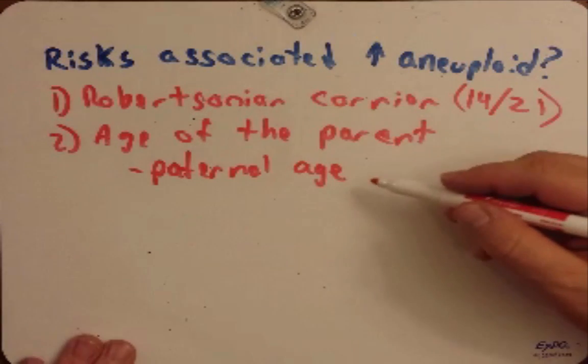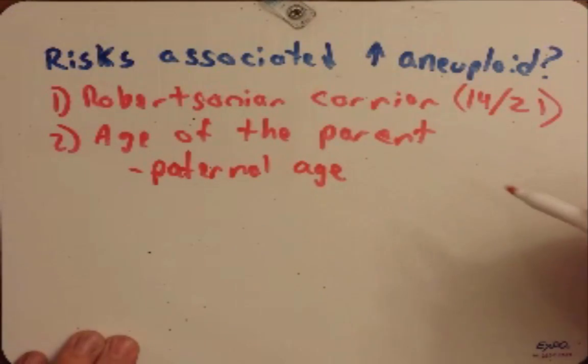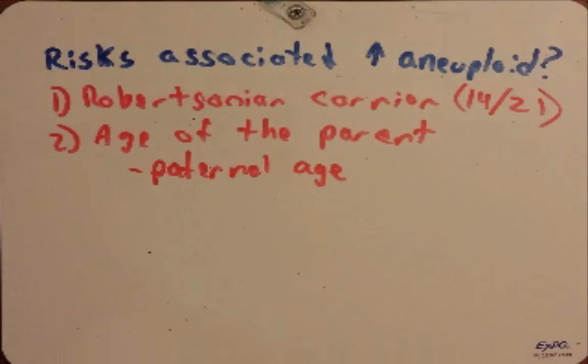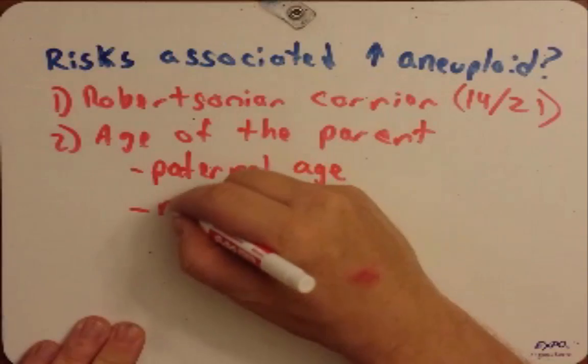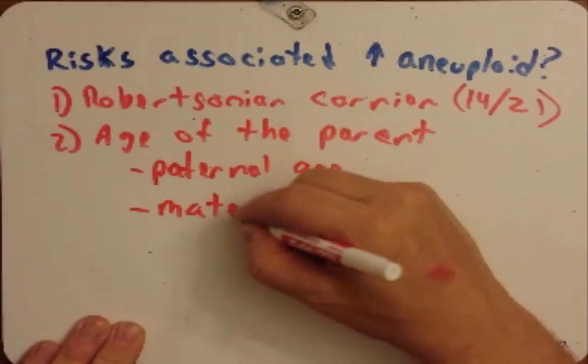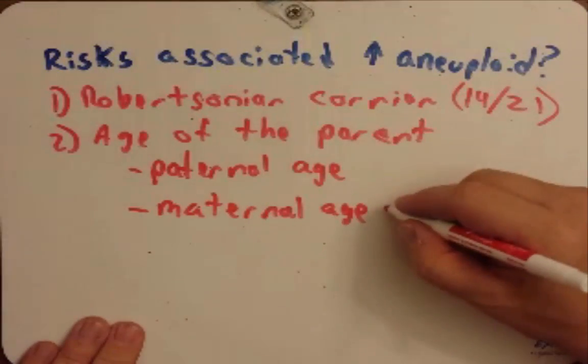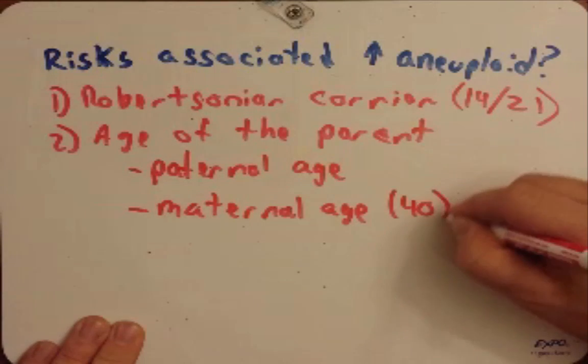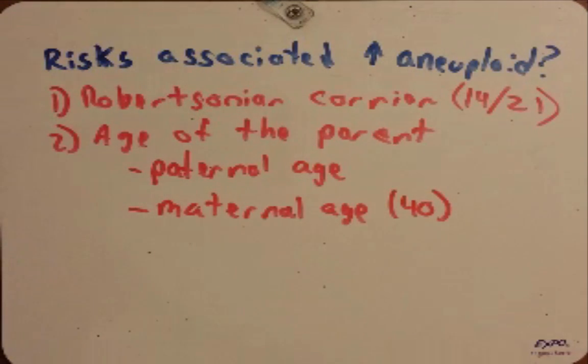However, it's at a pretty high age range, typically at an age that is beyond when most men have children. Maternal age seems to be a bigger factor. And we know that by age 40, the risk of an aneuploid goes up quite a bit.